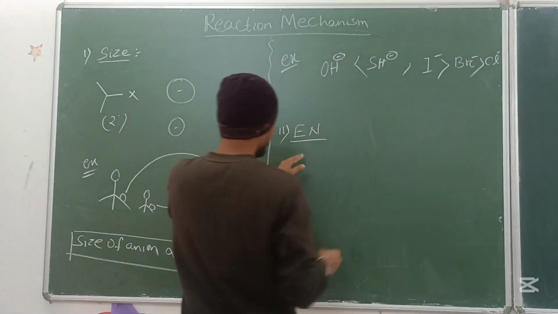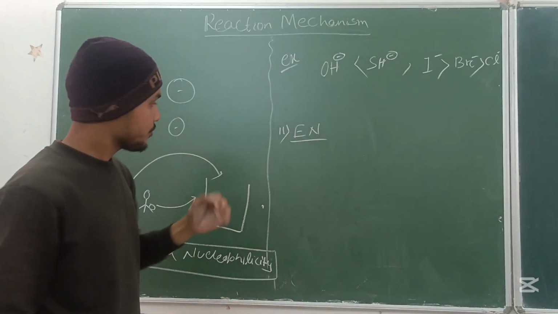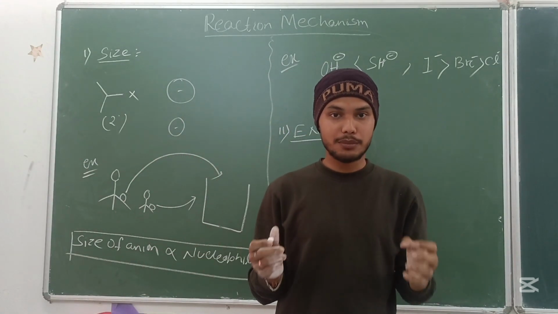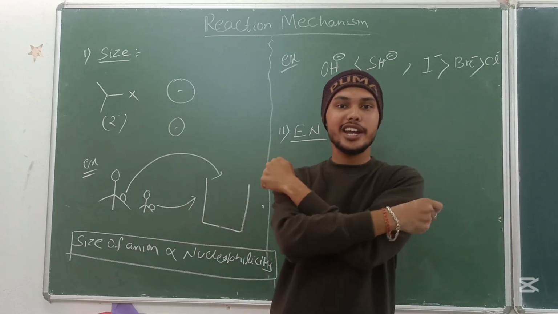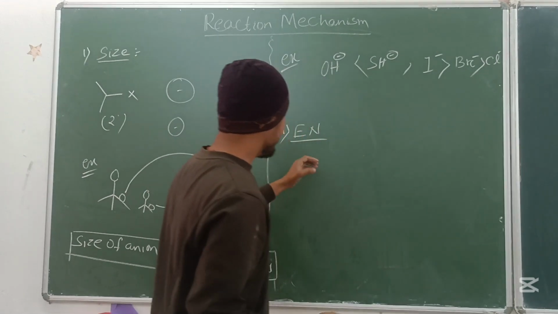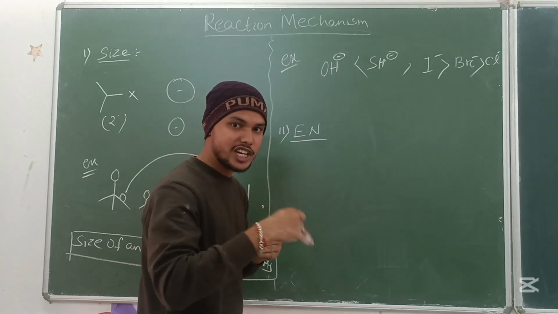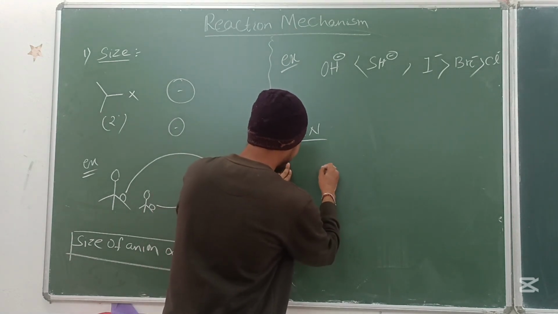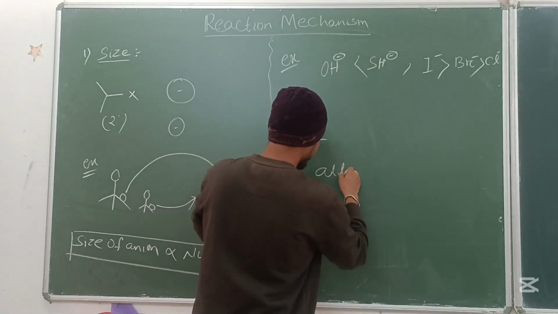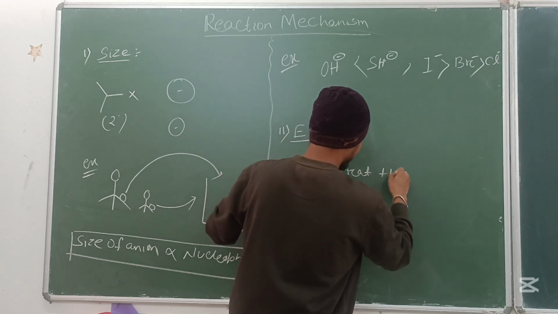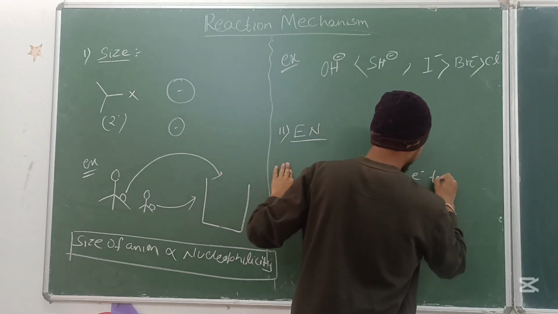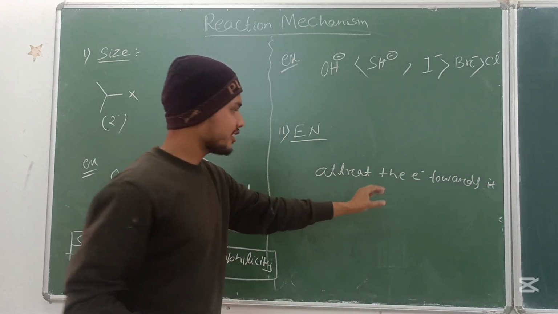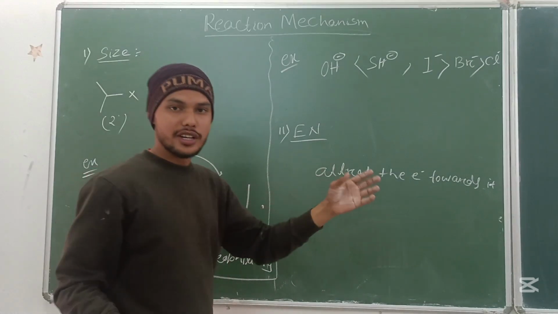So let's come to the electronegativity concept. What do you mean by electronegativity? It is the tendency to attract electrons towards itself. So if it attracts the electrons towards itself, can it donate electrons easily? No. If it attracts the electrons towards itself, it cannot donate easily.